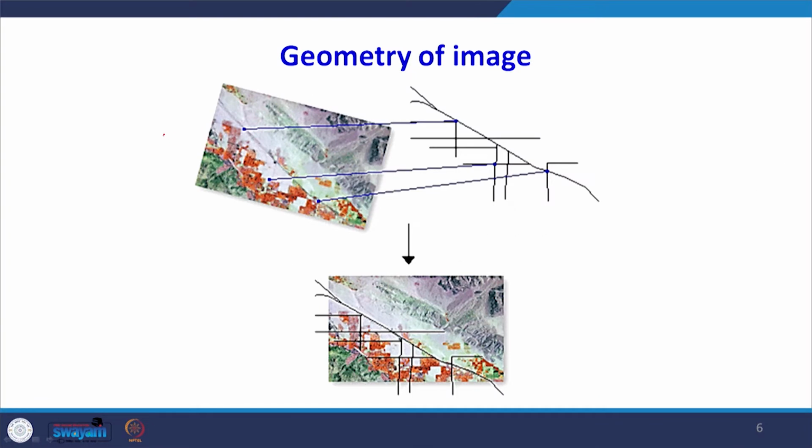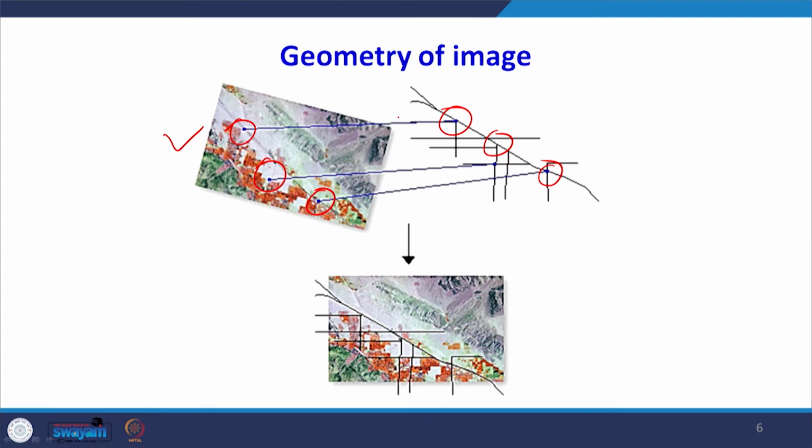In order to do that, this slide shows that the top one is the image and there are certain points on the ground. This is one point, the second point, and a third point, which is lying at a different terrain height. This is the terrain, which shows that different points are lying there.